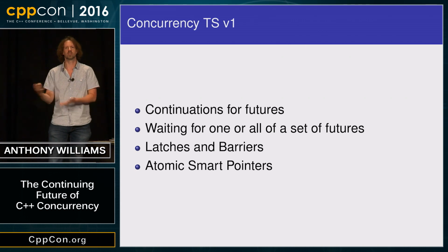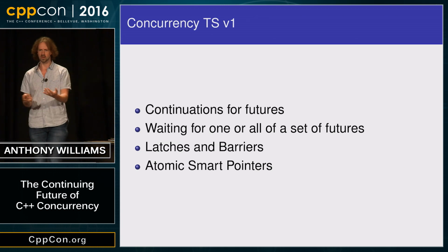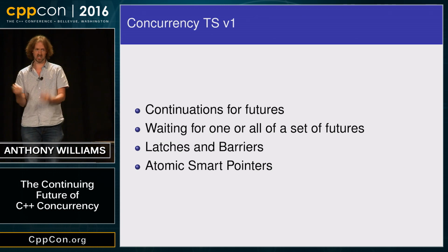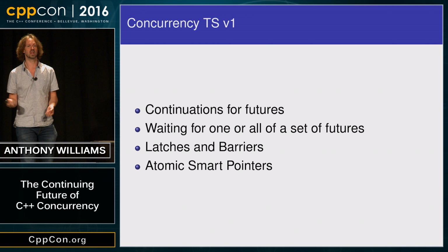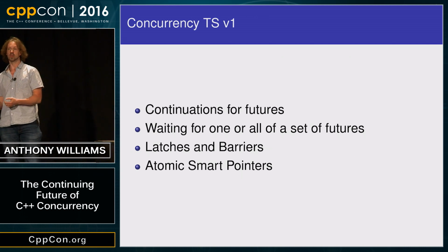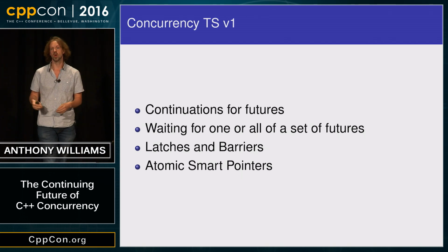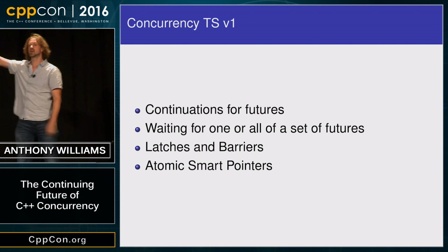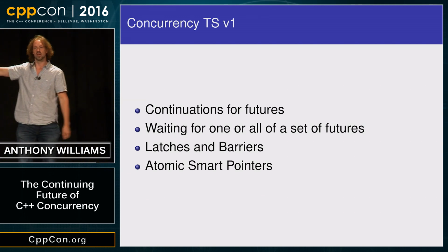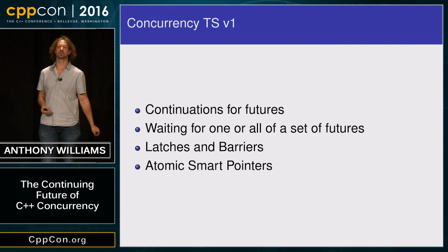So there are functions to give you that, the sort of set joining facility for gathering futures together, which is incredibly powerful too. And actually, combined with the continuations, that is a great combination, because you can say, when everything's ready, then schedule this new asynchronous task. And that task will only start when all the futures are ready.